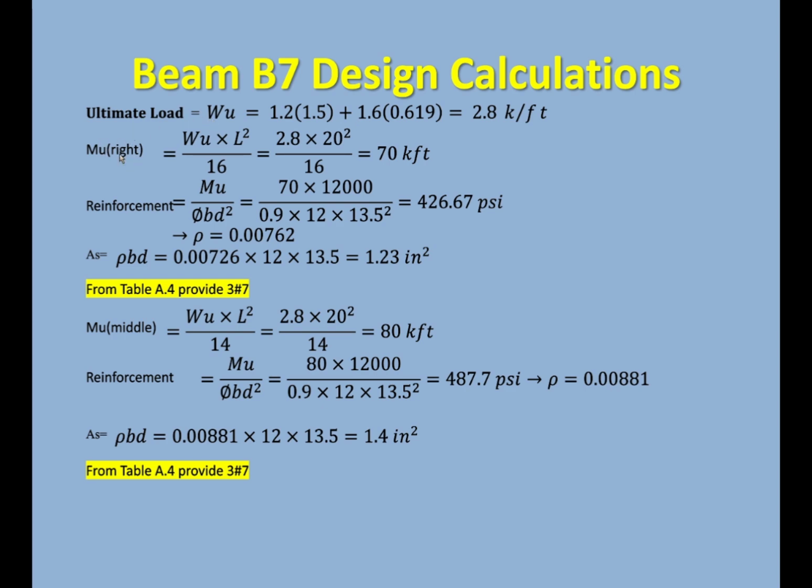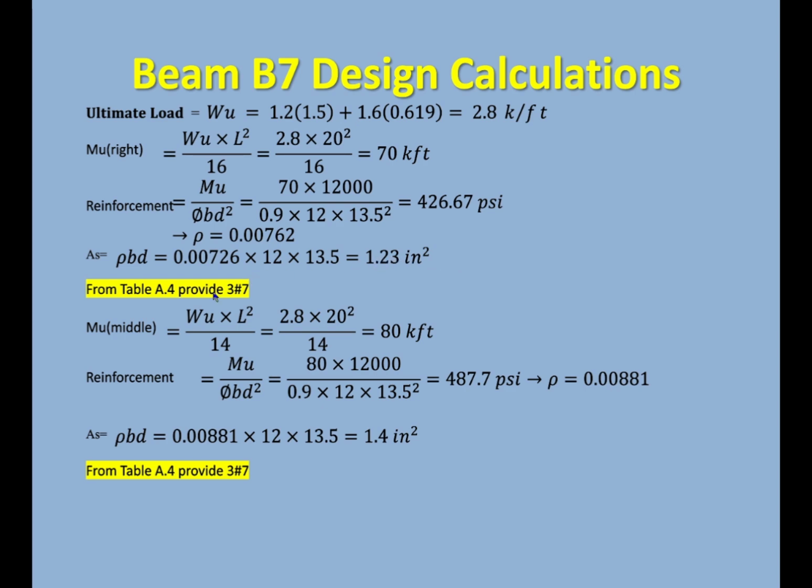So this is the moment in the right section of the beam 7, and we calculated it, and we got 70 kips-foot. And then after you get the result for that, you use it in order to get the reinforcement percentage, and we took that from the table and we chose 0.00762, and you multiplied that by the beam's width and the effective depth, and you get the area of steel.